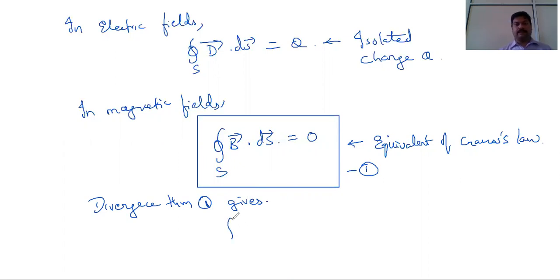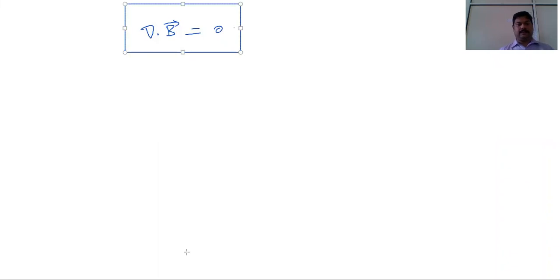So what you get is volume integral of del dot B dV equal to 0. That implies del dot B equal to 0. So again a very important equation. What does it say? Divergence of magnetic flux density is 0.